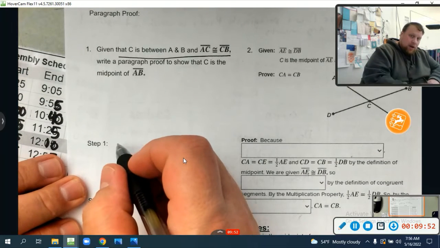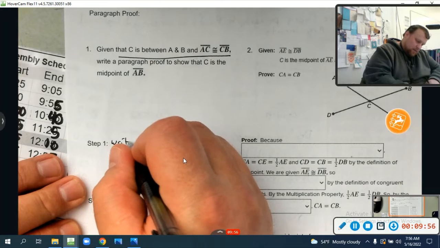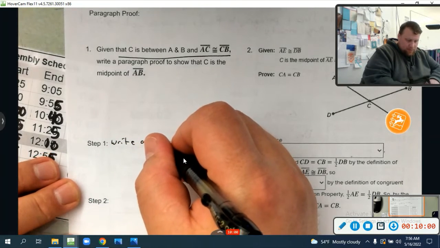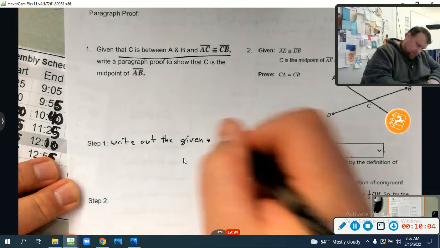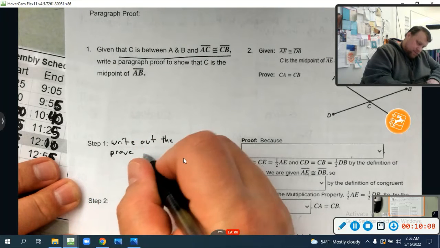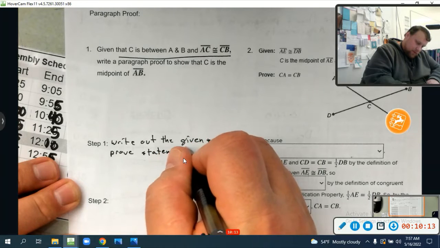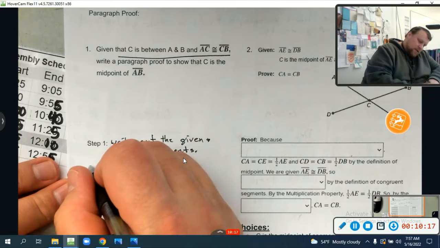I want to underline that, because step one is to write out the given and prove statements. So let's do this. Number one is given.